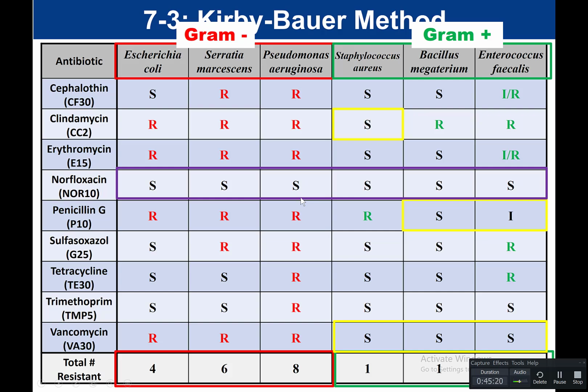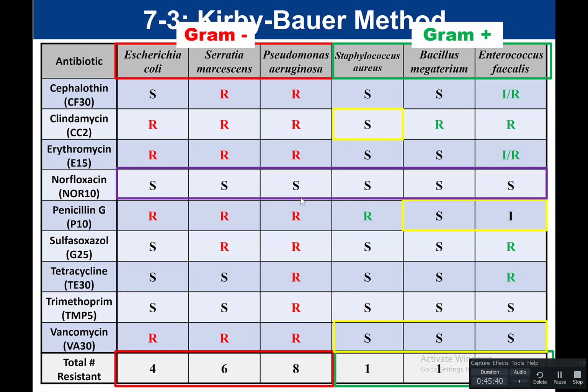It's the only drug to choose. If we overuse norfloxacin and bacteria become resistant to it, well, then we're going to be in trouble for Pseudomonas infections because we have now lost our only drug that Pseudomonas is sensitive to in this case.